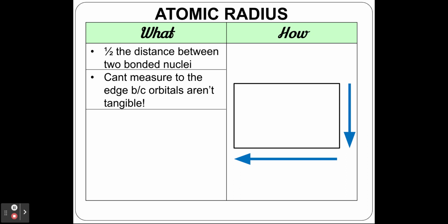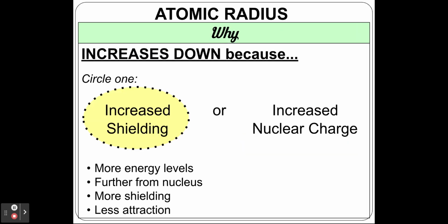Or if you want to think of the other way, if you go up a group, it's going to get smaller, and if you go from left to right, it's going to get smaller. So the general trend is that it increases going from the top right to the bottom left, or it decreases going from bottom left to top right. Either way is fine.